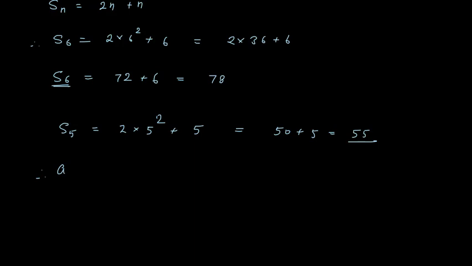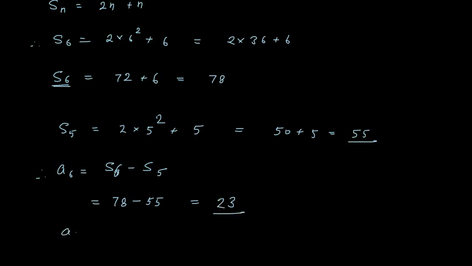I have to find a6. a6 is s6 minus s5. So the value of s6 is 78 minus the value of s5, which is 55. So 78 minus 55, 8 minus 5 is 3 and 7 minus 5 is 2.